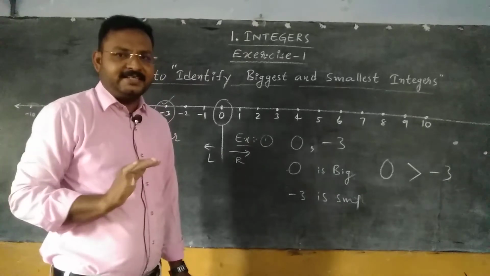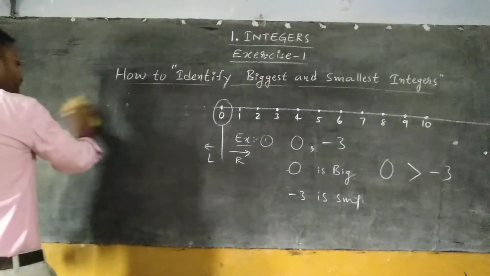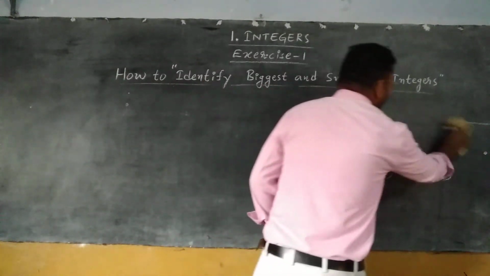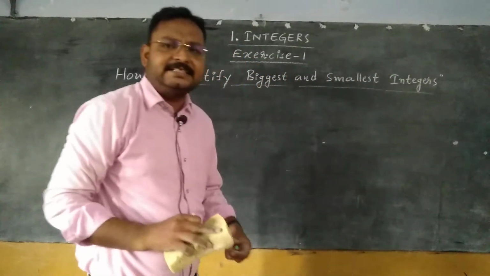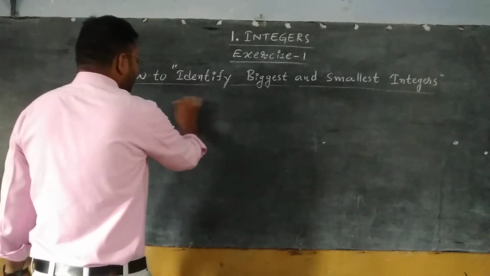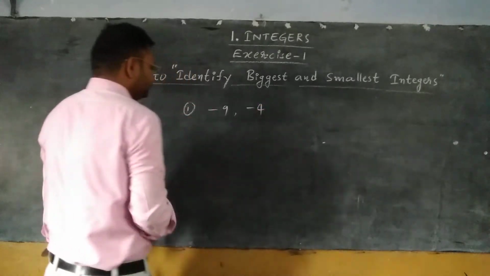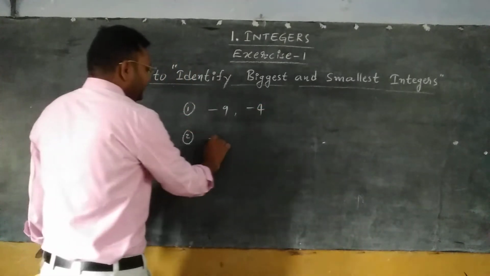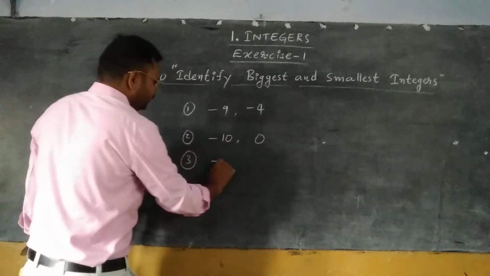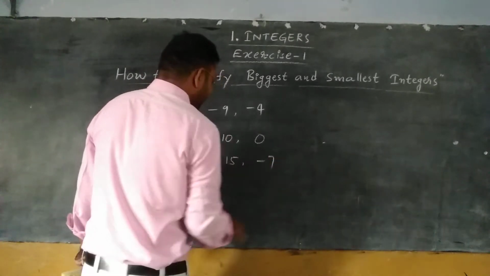Please do understand. Now I am going to give you some integers, and you identify which is the bigger integer and which is the smaller. First problem, -9 and -4. Second question, -10 and 0. Third question, -15 and -7.